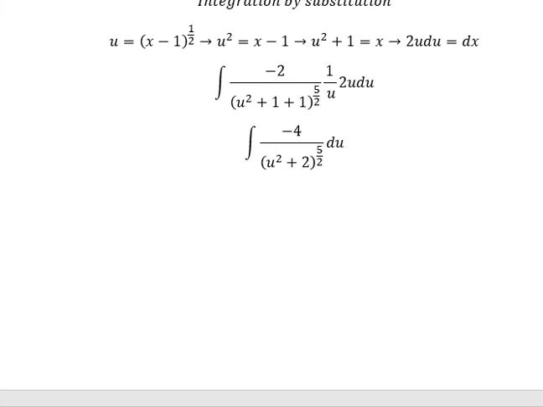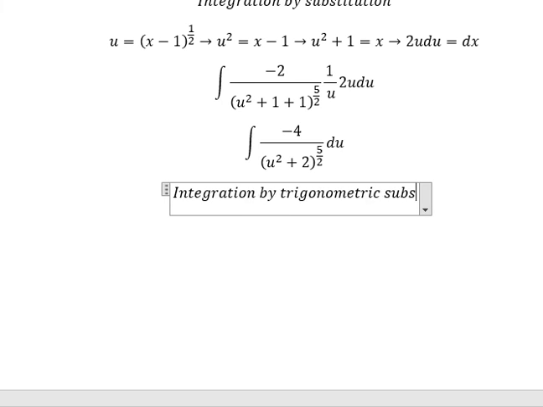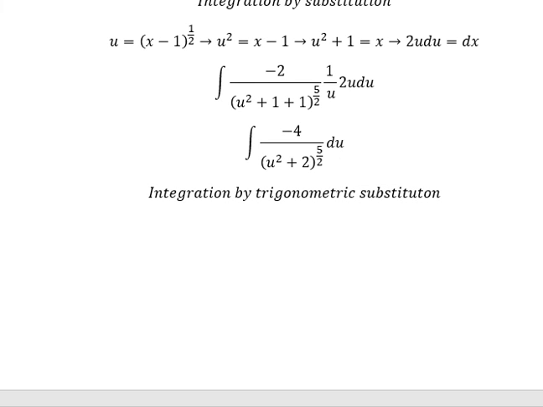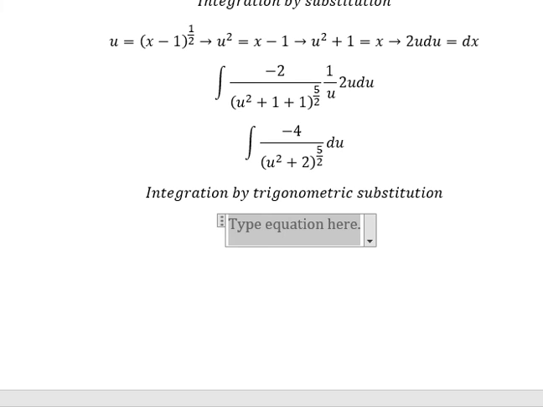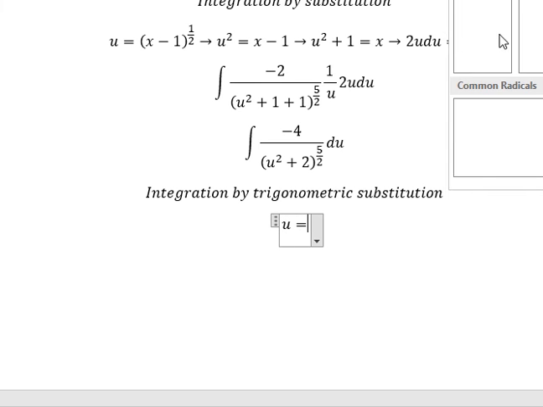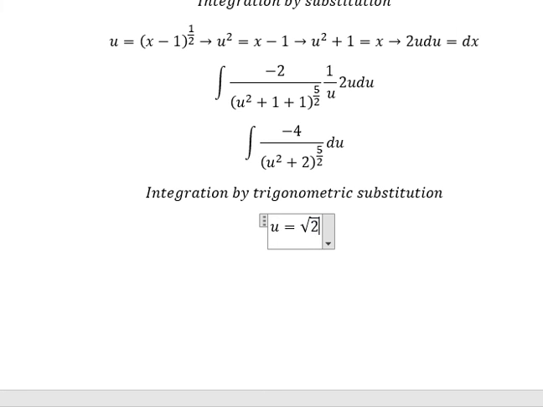And now we can use integration by trigonometric substitution. So I will put u equals to the square root of number 2 tan t.